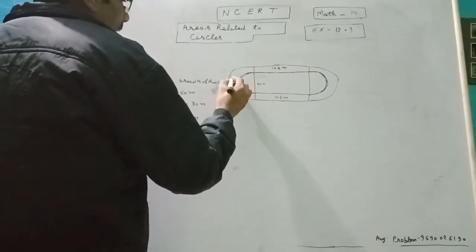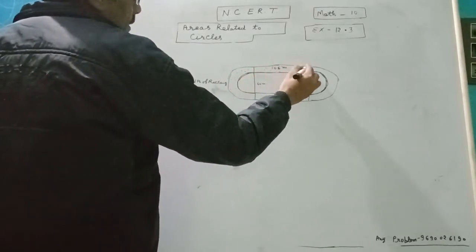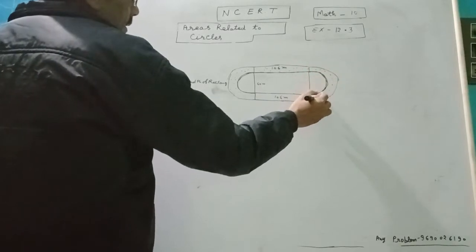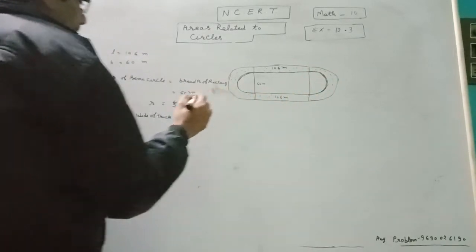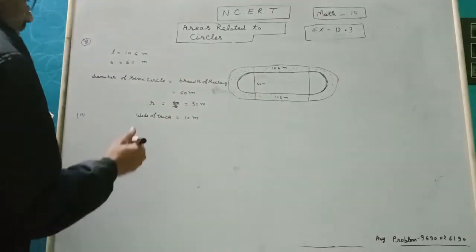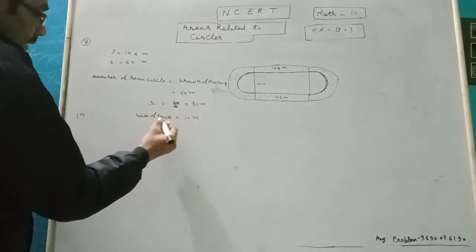We find the area of the dotted part, or you can say the track. Inner radius small r is 30 meter.